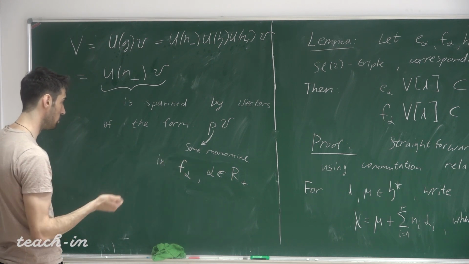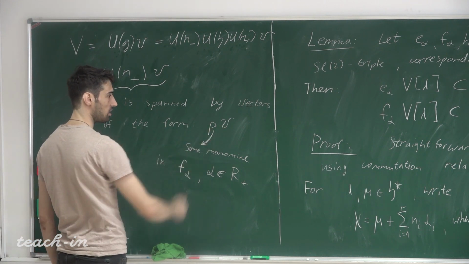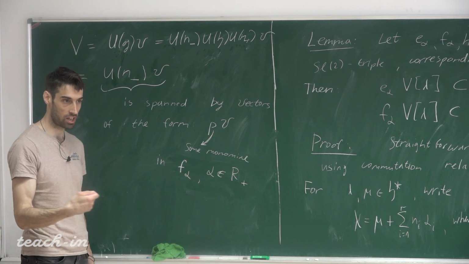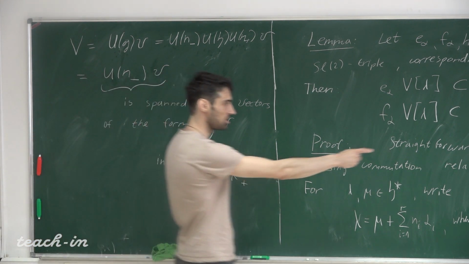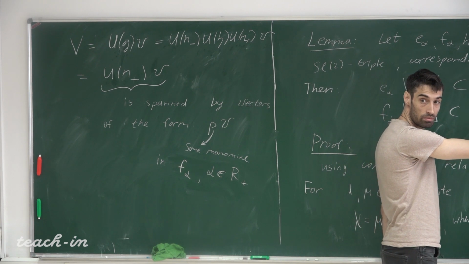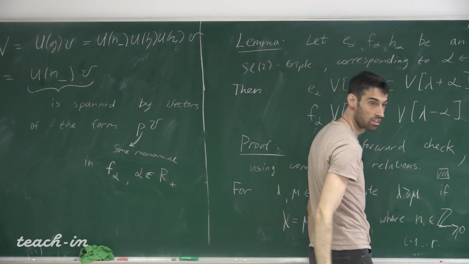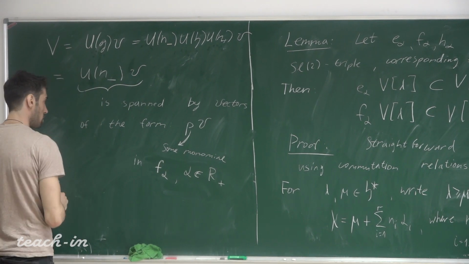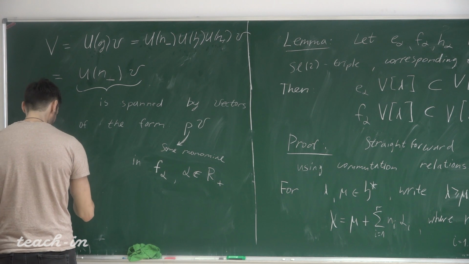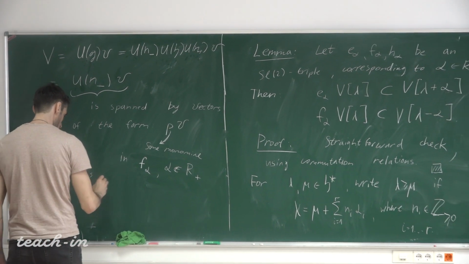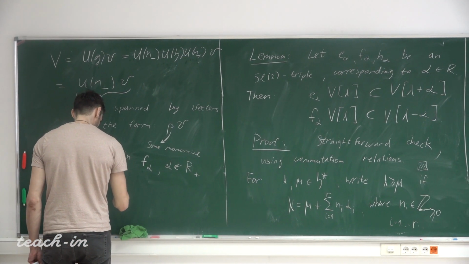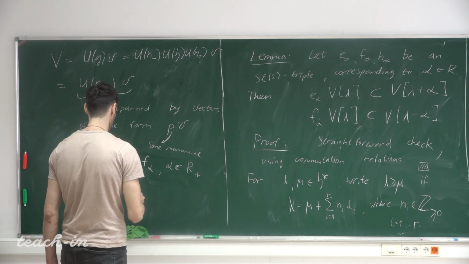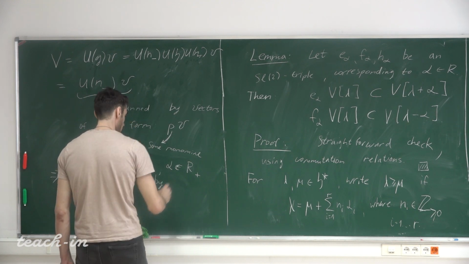But then I apply it to V, and what happens? V had weight lambda, but when I apply F's, I subtract alphas. So therefore, I conclude that V is spanned by weight vectors.